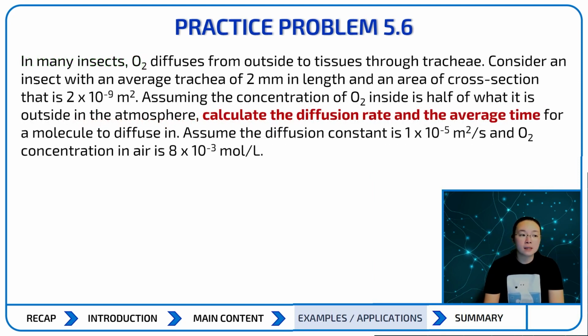And last but not least, instead of looking at humans, we're going to extend our knowledge a little bit and take a look at what happens when insects are breathing. So we're going to take a look at insects, taking a look at the oxygen that diffuses from the outside to the tissues through an insect's trachea.